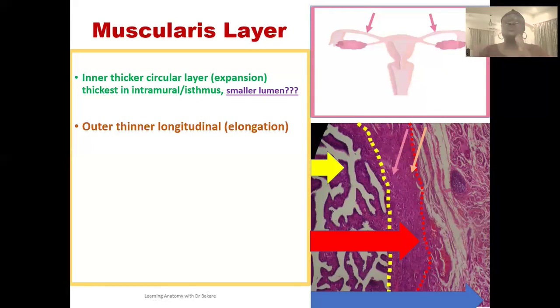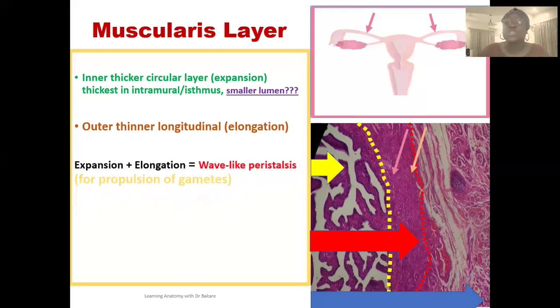You can see that the two different sublayers of the muscularis layer are destined or programmed for different types of movement. While one is responsible for controlling expansion and relaxation, the other one is responsible for controlling movement along the vertical axis. So if you try to combine expansion and also elongation, you have a wave-like peristaltic movement.